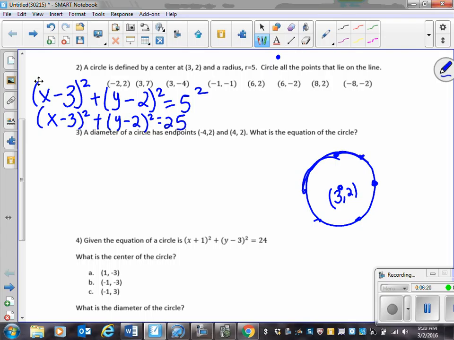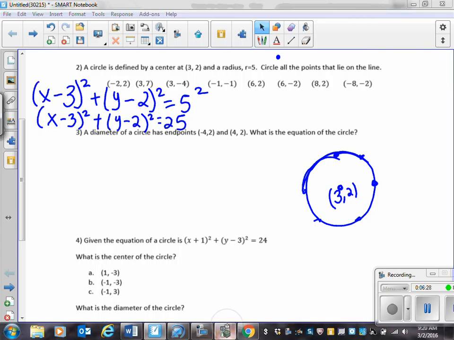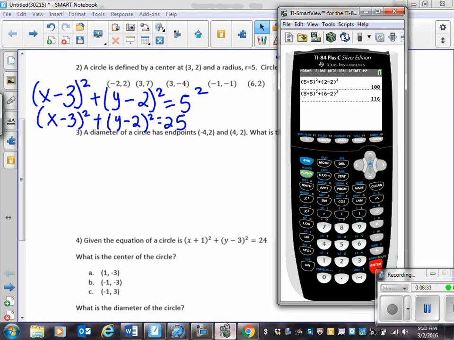You will definitely know if it is off the chart by a big number, but when it's close, it's kind of hard to tell. So the best way is just to get your calculator out and put those numbers in and make sure that they equal 25.